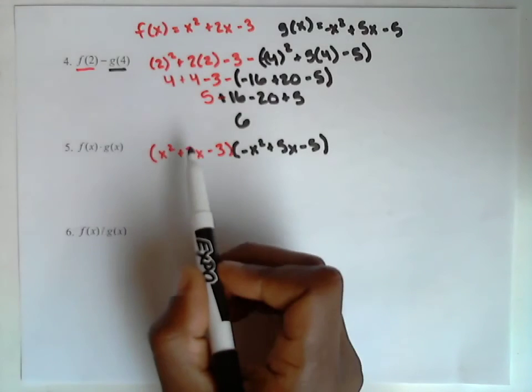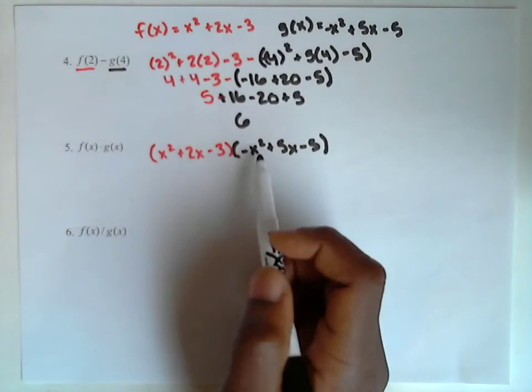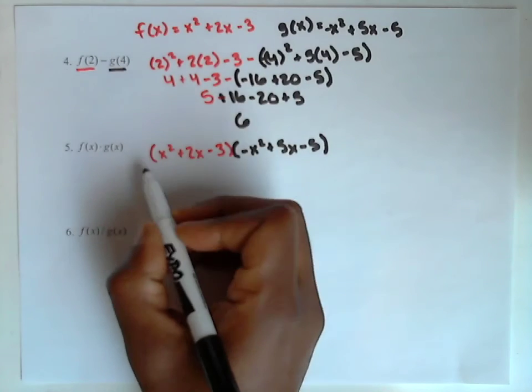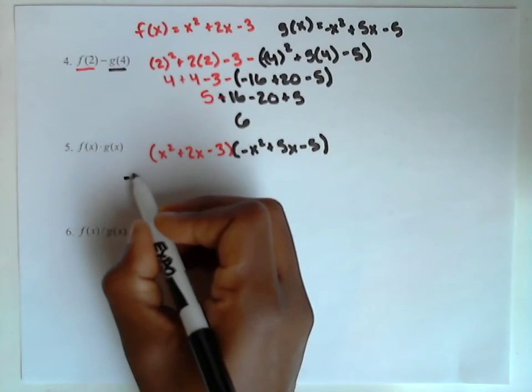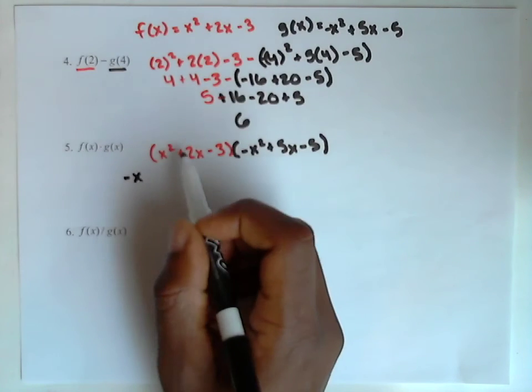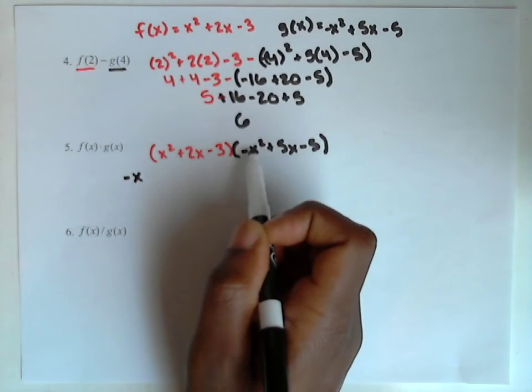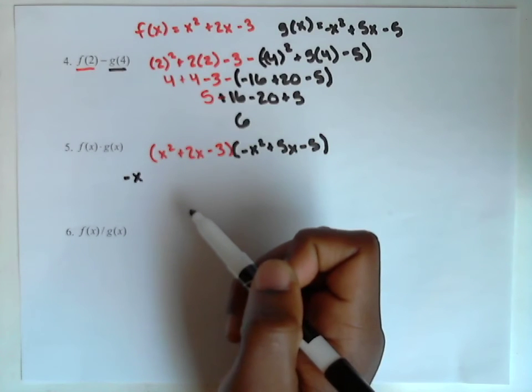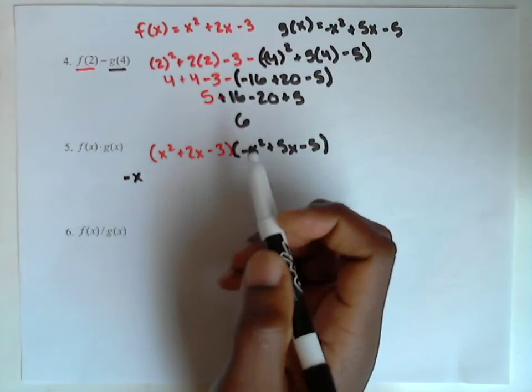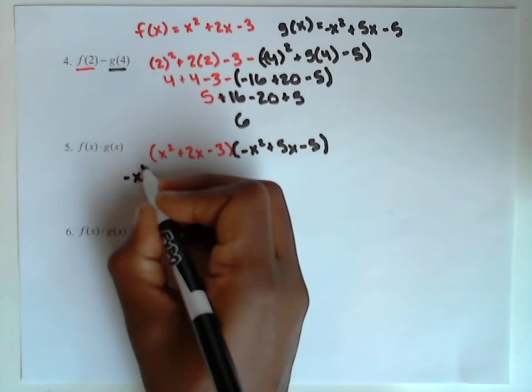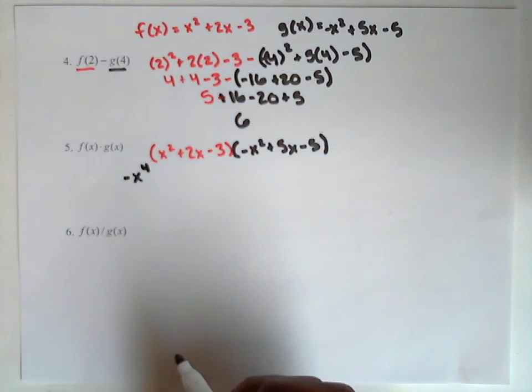So to start out here, I'll have x² times -x². So I'll get a negative x, and I've got an x² and a -x². Since I can use my property of exponents, that'll actually be negative x to the 4th since they're being multiplied.